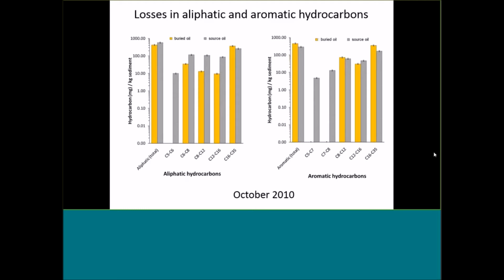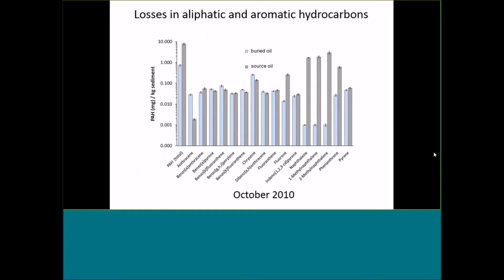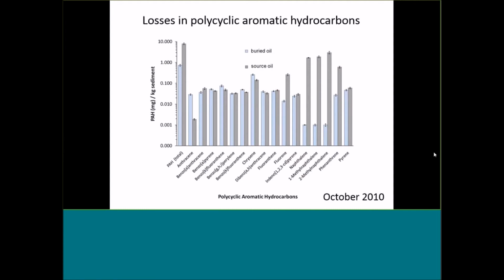So it stays in the sediment relatively long, although I have to point out this is a logarithmic scale. And so there are some distinct changes, but we were impressed how much would stay there. The same applies to the PAHs. We have some that change quite dramatically, but in other cases, it stays relatively long.